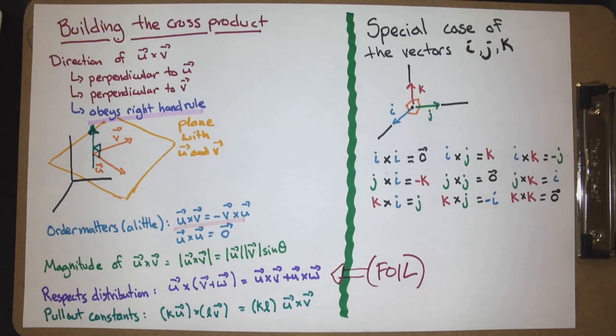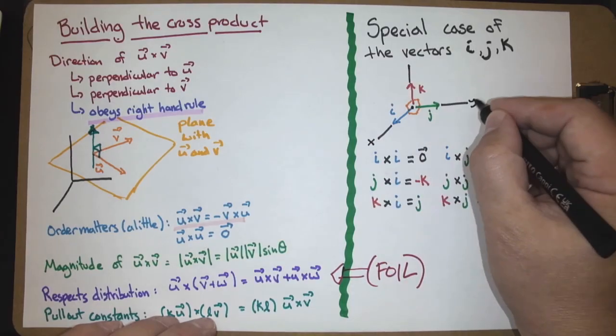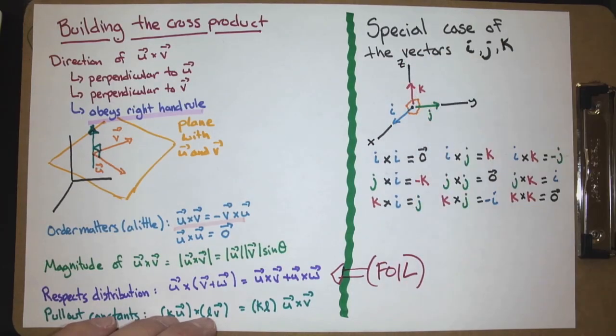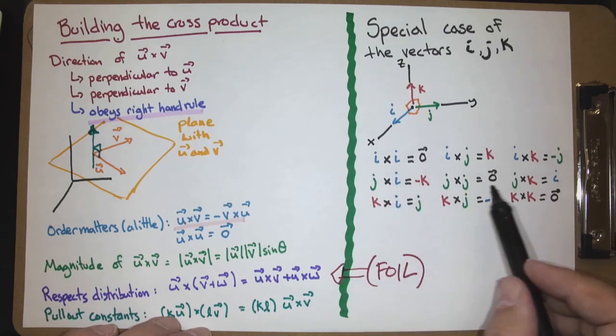All right, with all this in mind, we have our vectors i, j, and k that we talked about when we talked about vectors. i points in the x direction, j points in the y direction, and k points in the z direction. Now you just go through and say, okay, if I take a vector cross itself, I get 0.